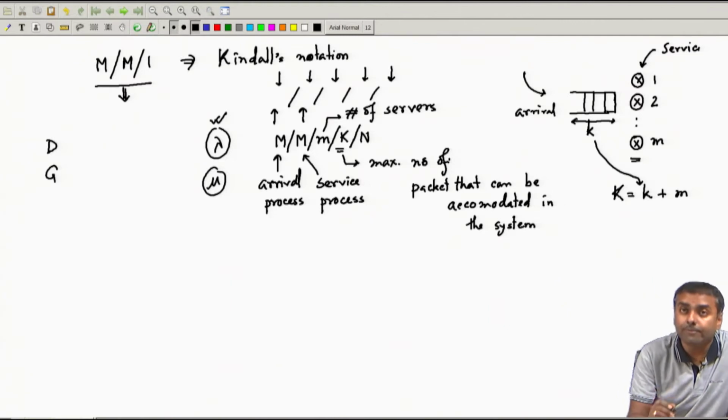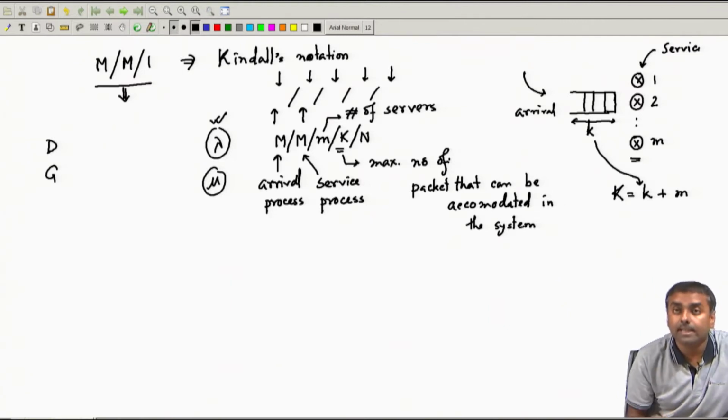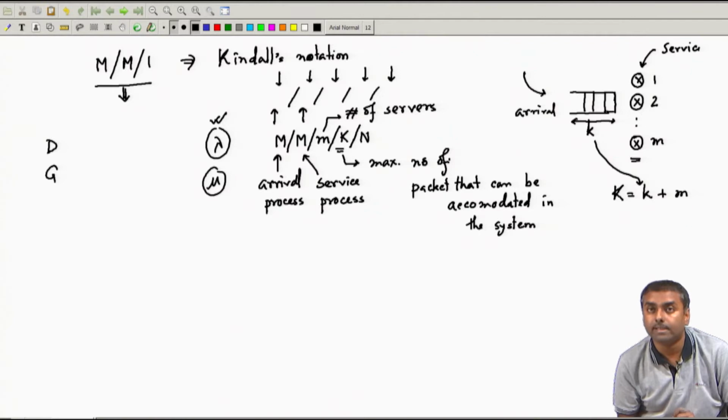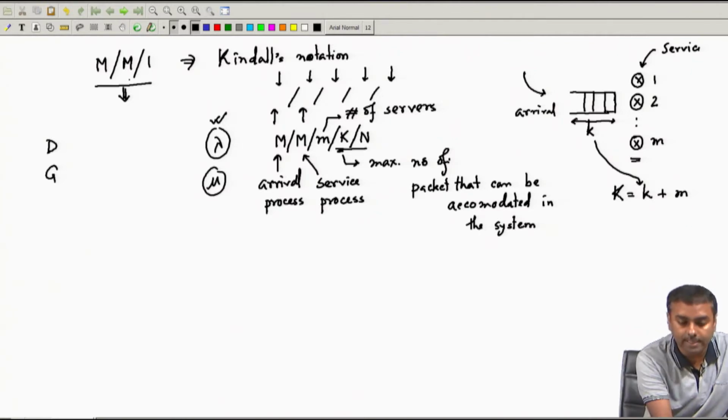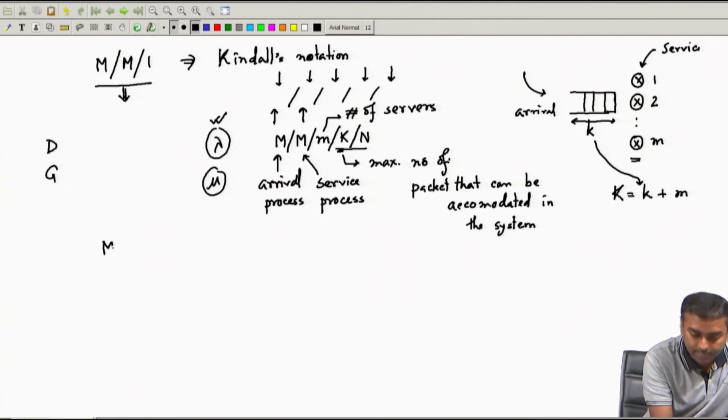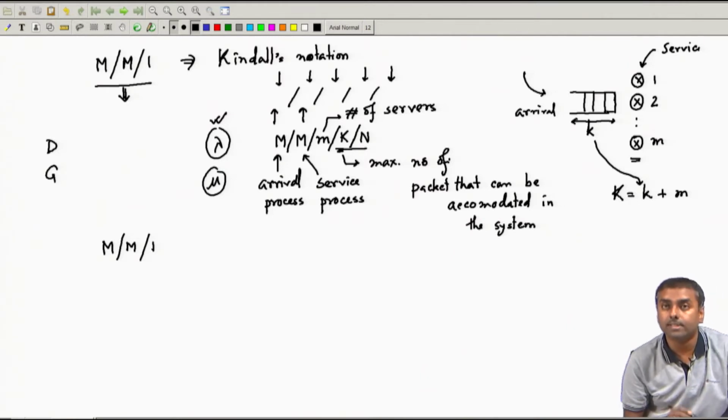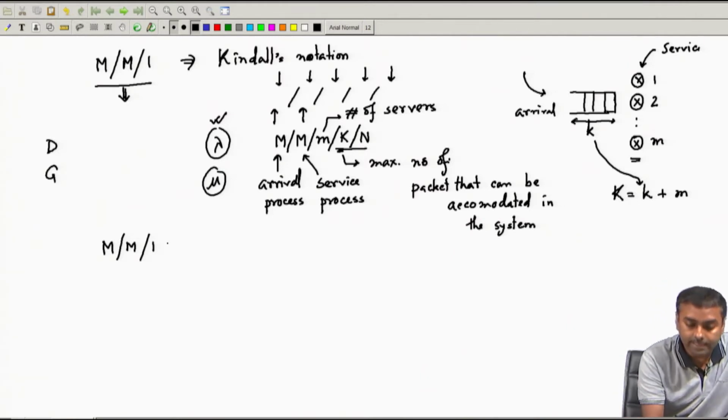If they are not specified otherwise, then the value can be taken to be infinity, especially these last two. So, if I do not specify anything over here, in an MM1 queue, that means the arrival process is Markovian, the service process is Markovian, and only one server is there. So, it is a single server queue, and the last two things are not specified, that means I can take them to be infinity.